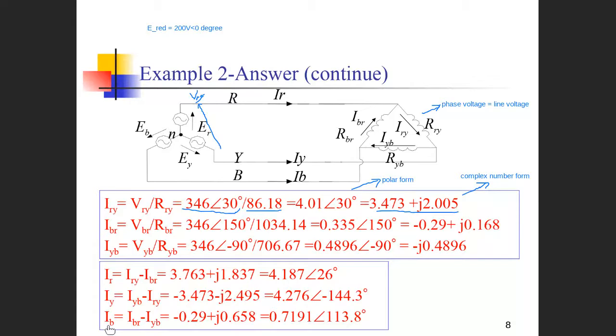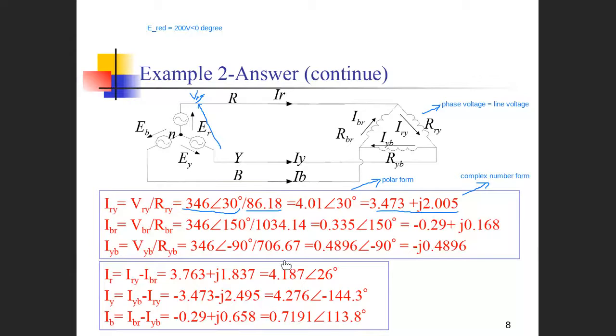And similarly, the blue line current, which we suppose in this direction, is the blue-red out minus the yellow-blue in. You can write them in both complex number forms and polar forms.